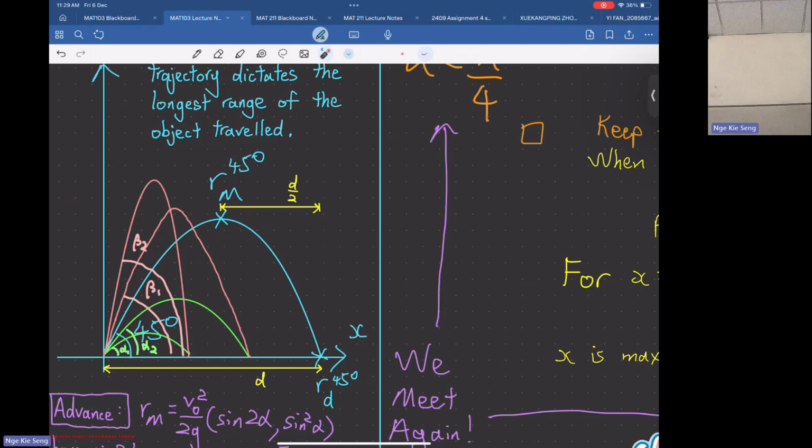So if you are at the 45 degree here, you can see that away from this 45, they are quite symmetric.